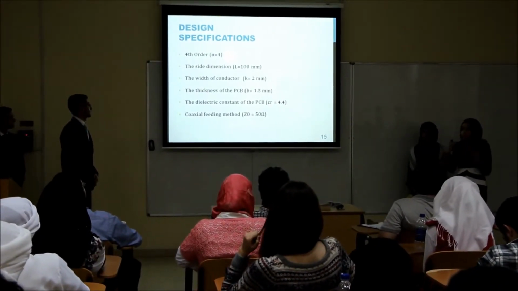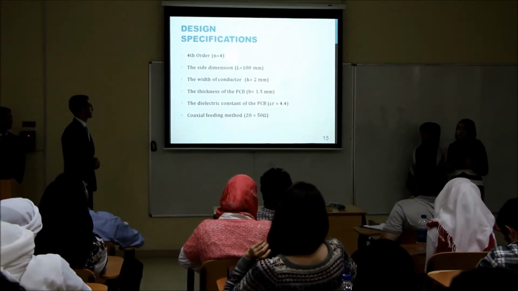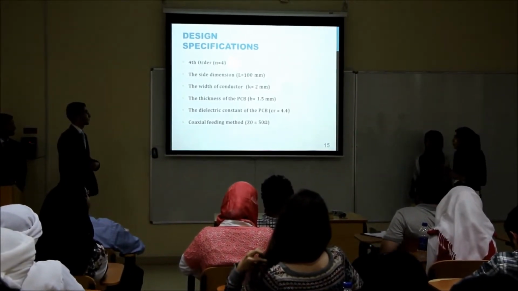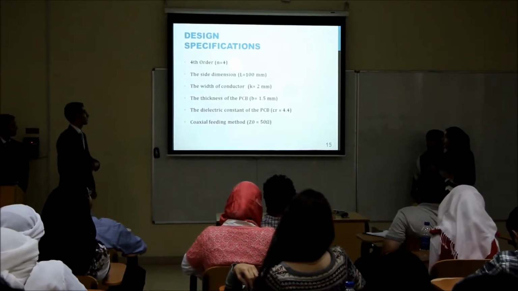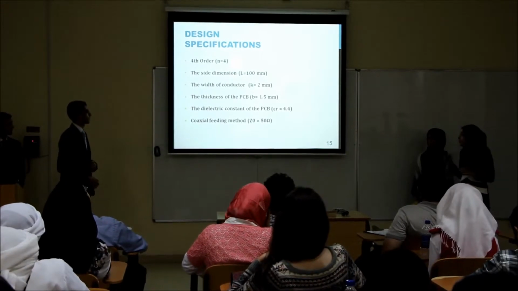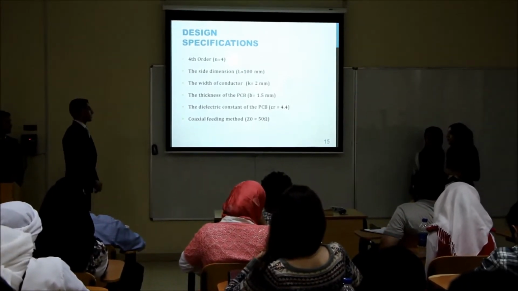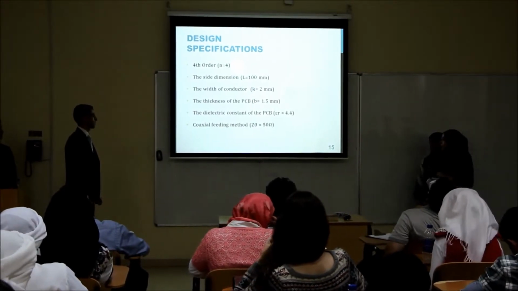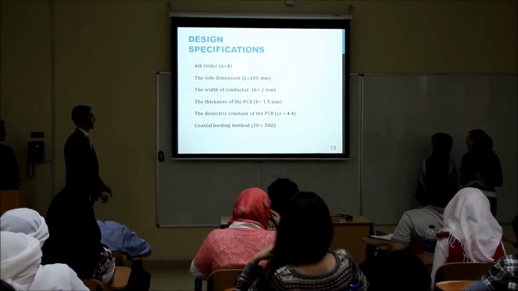The design of Hilbert fractal antenna depends upon 6 main factors. First is the order of the antenna, then the side dimension of the PCB, the width of the conductor, the thickness of the PCB, the dielectric constant or the type of the substrate used, and finally the feeding point and the feeding method.